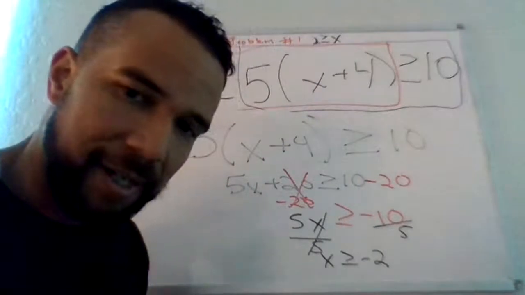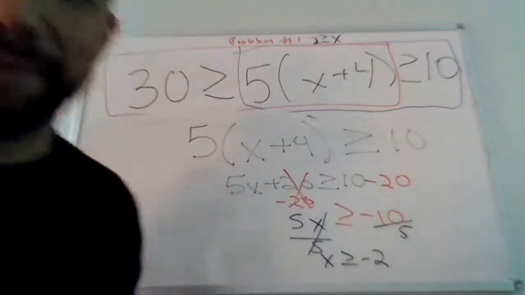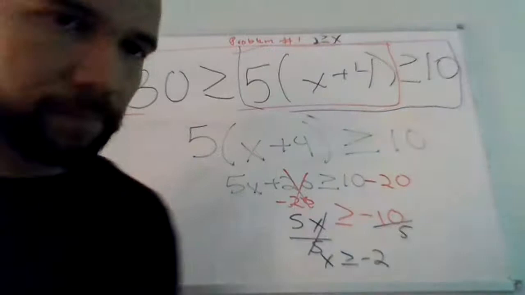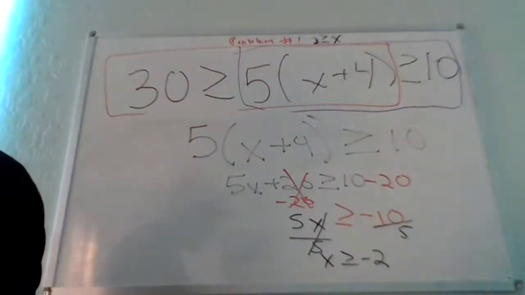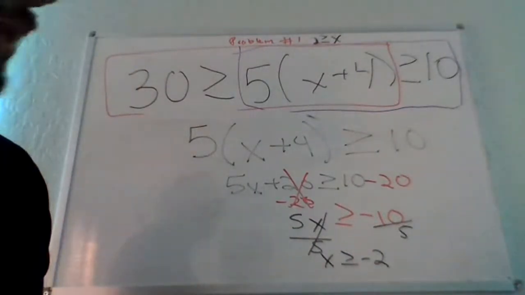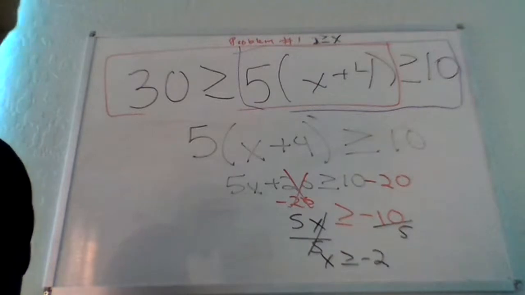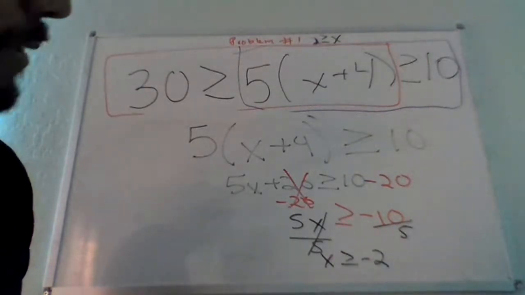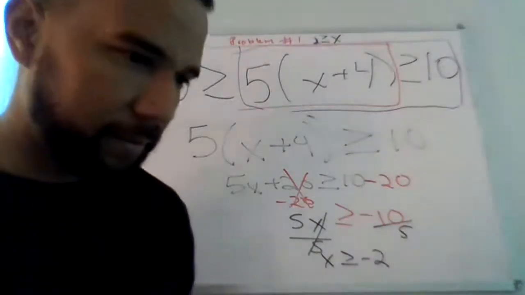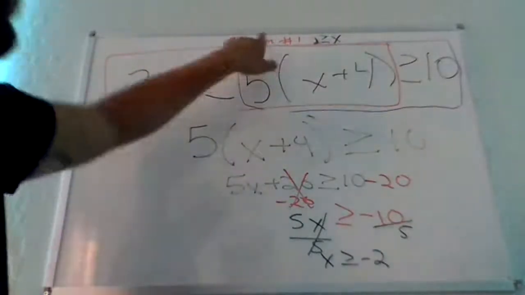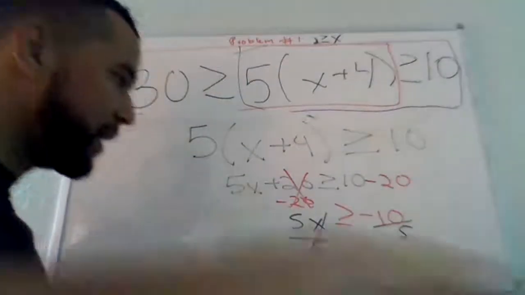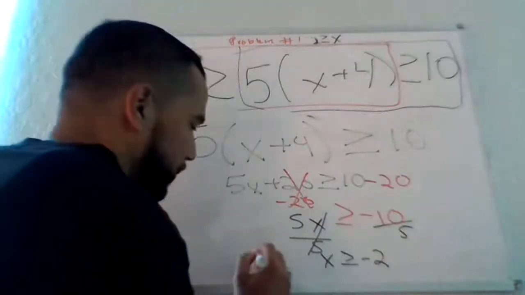Good. So how are we going to write this out? The graph. We've got to combine our answer to problem number 1 and our answer to problem number 2.